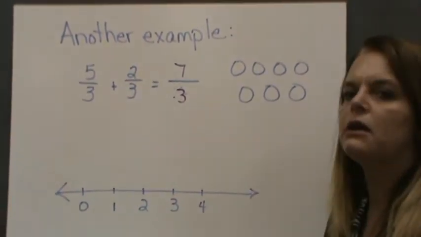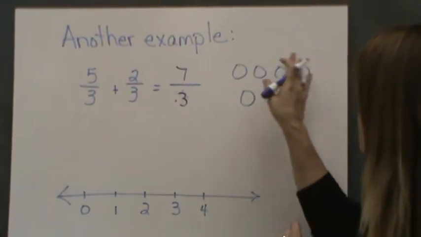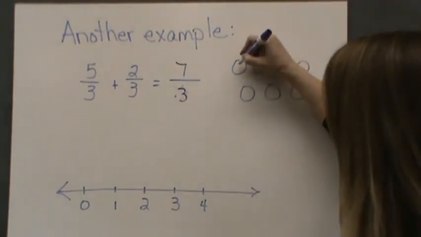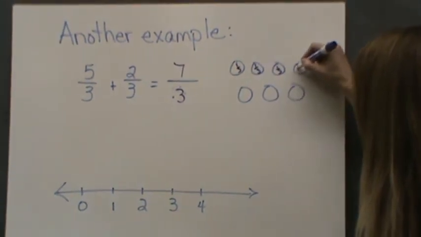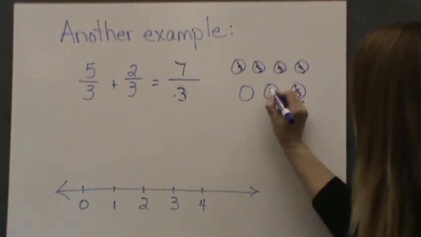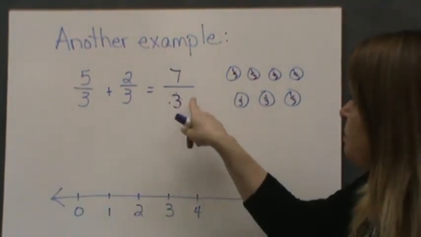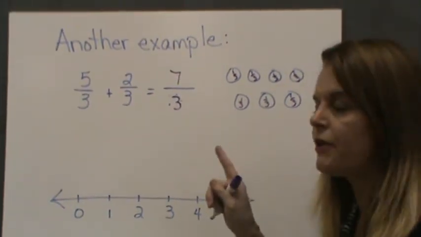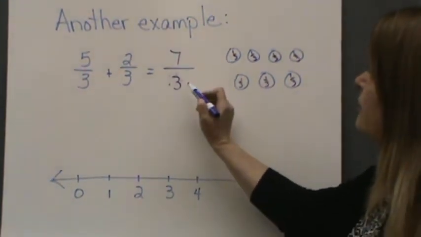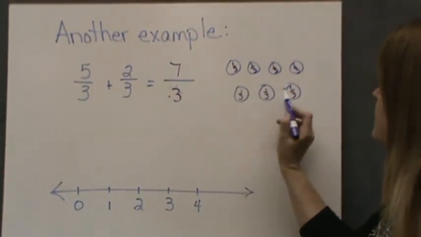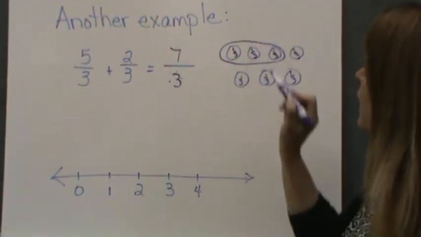So if I look at this, my denominator tells me how many I need to have a whole. I need 3. So if each of these is a third, this time we're working with thirds, each of these parts is 1/3 of the whole. And I want to see how many wholes I have first. So I need 3 to make a whole, and I have 7. 1, 2, 3, 4, 5, 6, 7. Well, if I group these 3, how many would that give me?